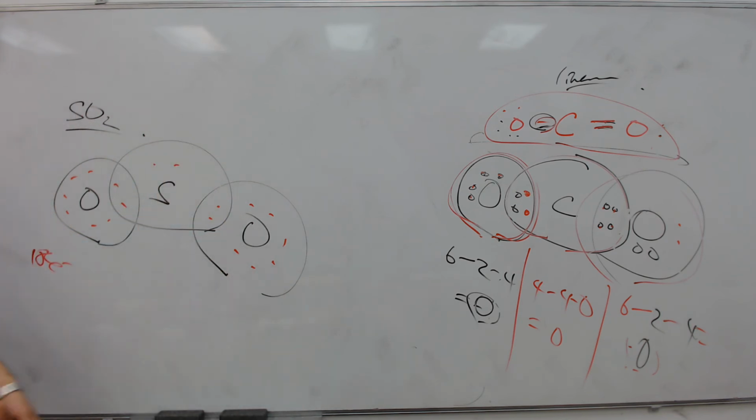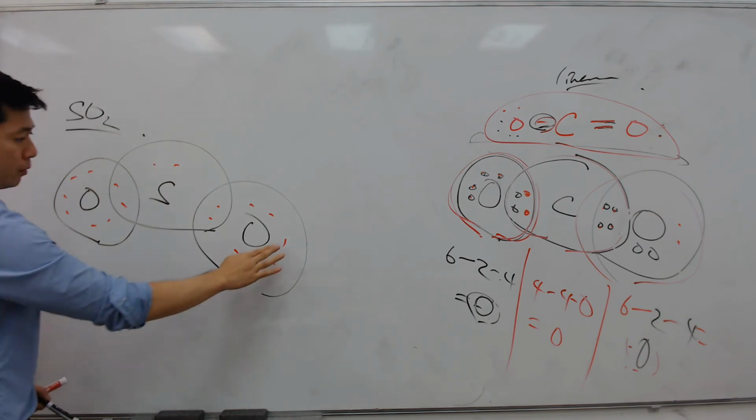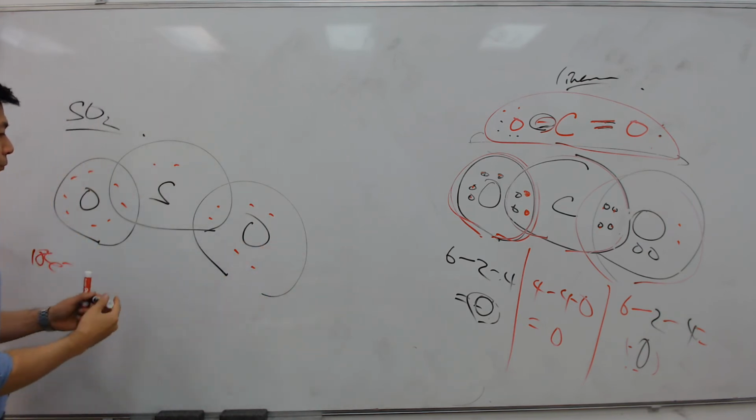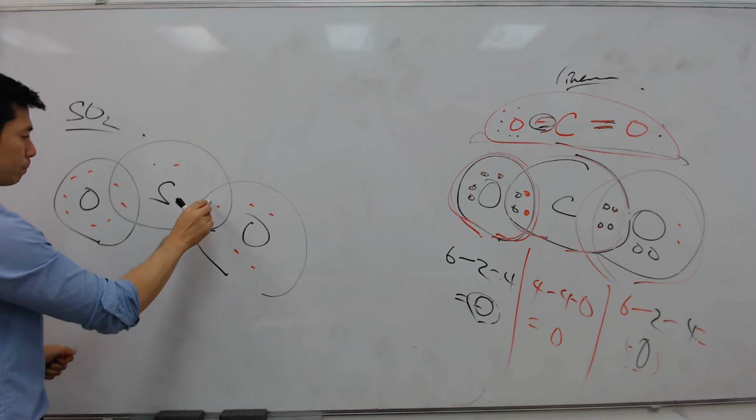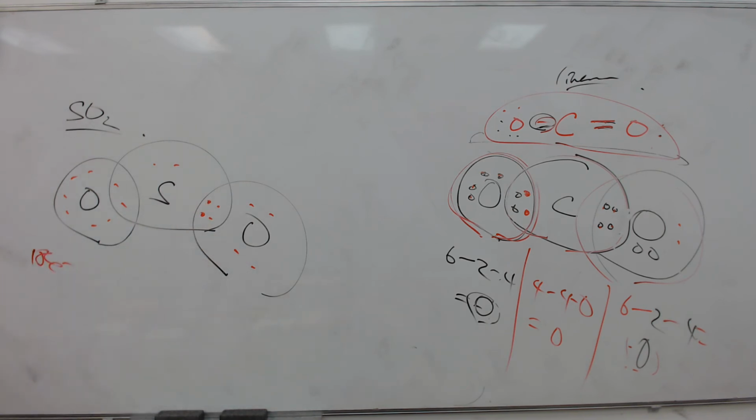You see that, guys? To get at least an octet, one of them has to create a double bond. So the actual shape is single bond, double bond. That's the shape of SO2. Okay? So 1 lone pair.